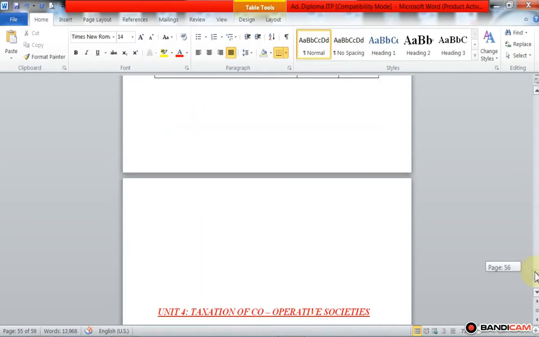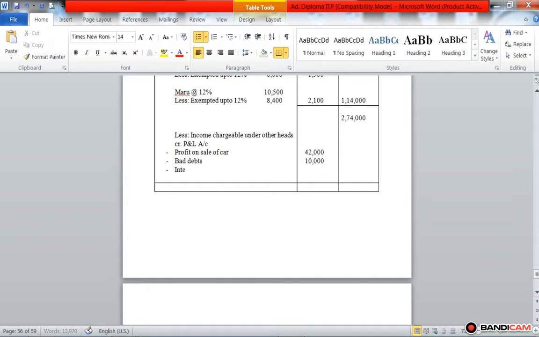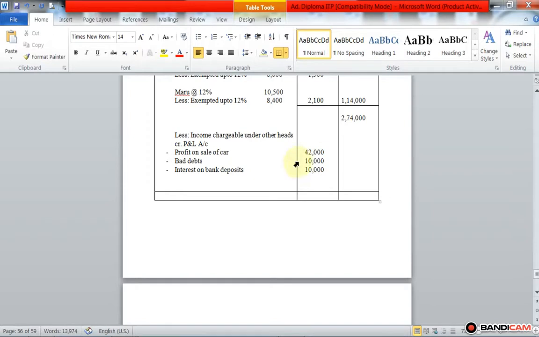Here interest on bank deposit amounted to rupees 10,000, and dividend from Indian company 20,000.